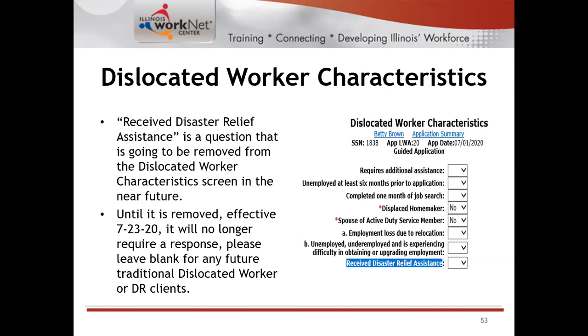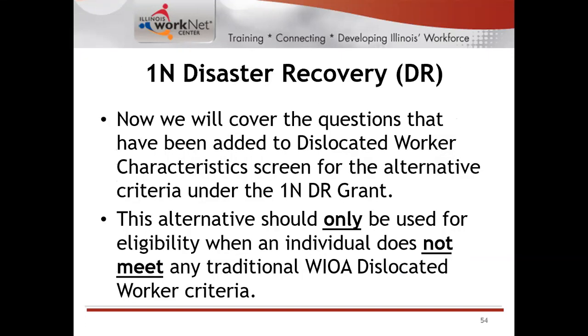And then again, it is going to go away in the future changes. And I expect to see some new questions tied more to COVID with more details when DOL gives us exactly what they want us to ask for this. It wouldn't be for eligibility, it'd be more for reporting and data tracking, I would envision.